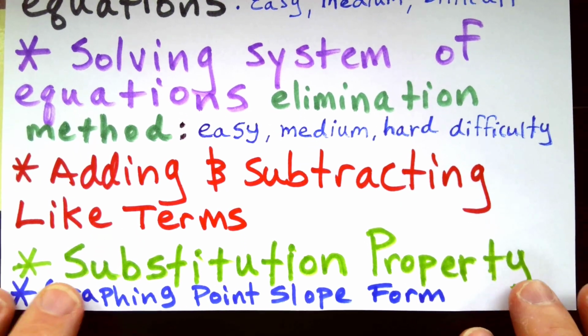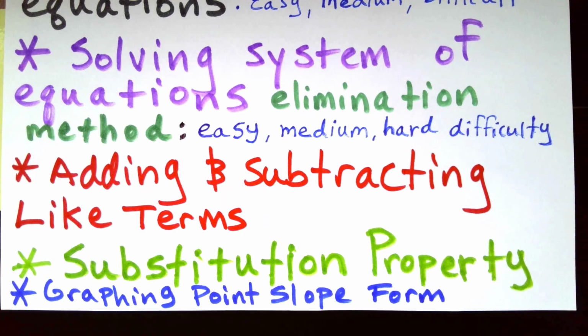Adding and subtracting like terms, substitution property, and graphing point slope form or slope intercept form. So you would need all of these skills and a little more in order to solve these problems. Practice, practice, practice. You can do this. Math is easy. Just take it step by step. You absolutely can do this.